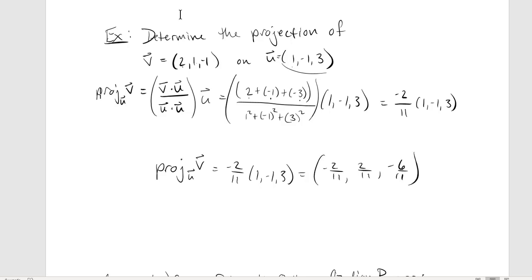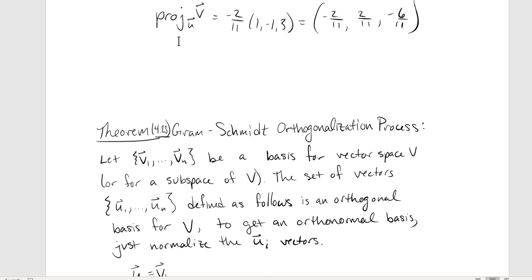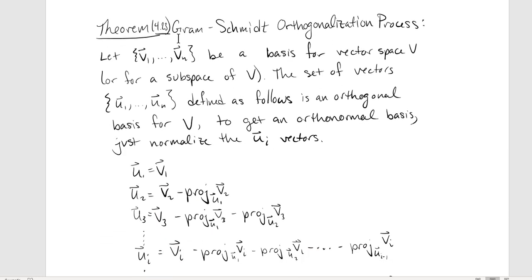Doesn't matter which one. So finally, let's see the big result here, what we've kind of been building to, this theorem 4.23, the Gram-Schmidt orthogonalization process. The idea here is, well, if we have a basis, how can we take that and turn it into an orthonormal basis, or derive an orthonormal basis from it? So here's the setup here, and I think we can talk through why this makes sense without actually proving it.